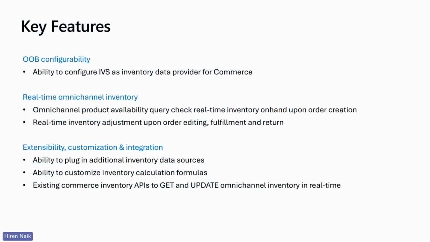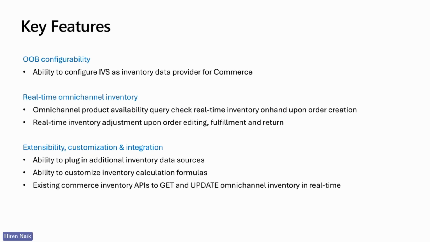So the key features I wanted to highlight of this solution of inventory visibility service along with D365 Commerce are that, out of the box, it provides an ability to configure a data source for the Dynamics 365 Commerce solution, and this data source would be inventory visibility service.